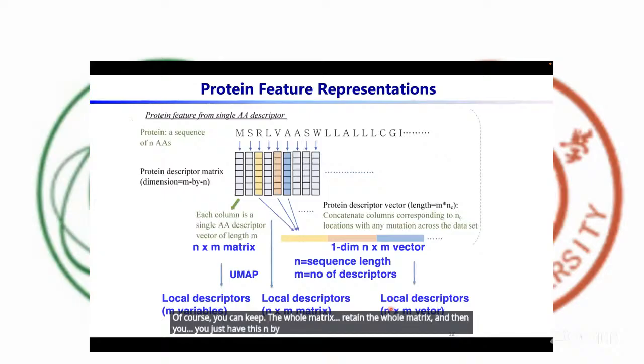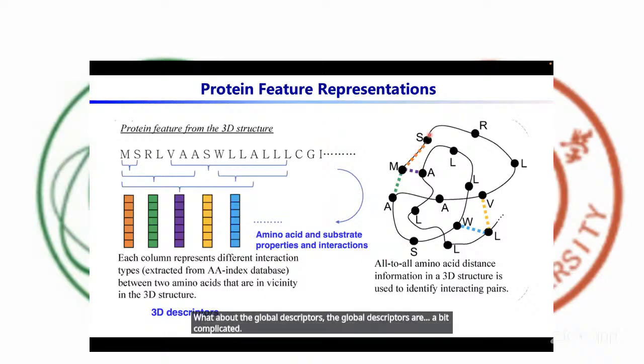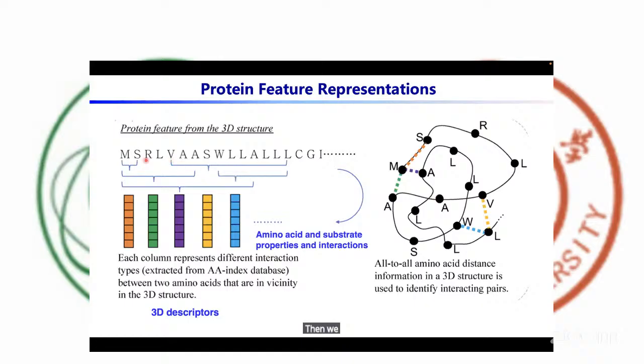So there are three ways to form a representation of a protein. So that's the local descriptors. What about the global descriptors? The global descriptors are a bit complicated. Suppose that we know the protein must form some kind of folded structure. Then we know some remote amino acids are actually close to each other.